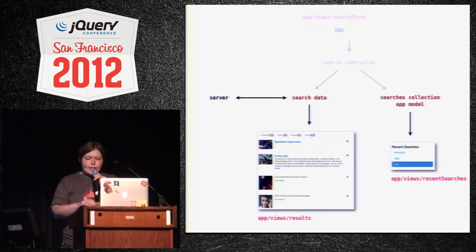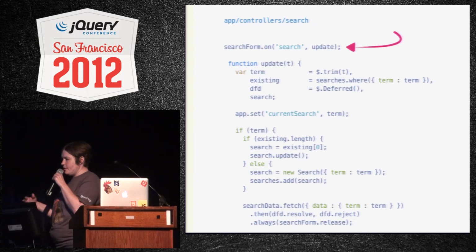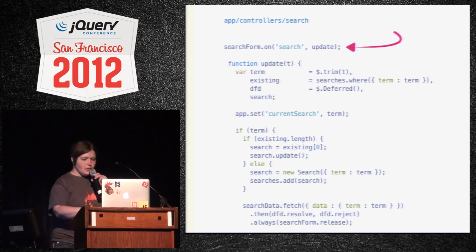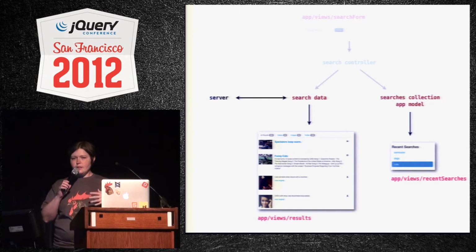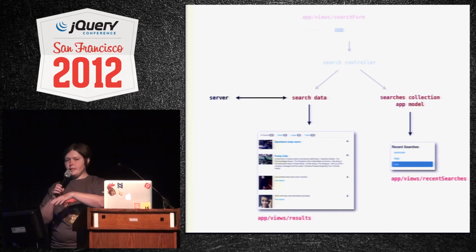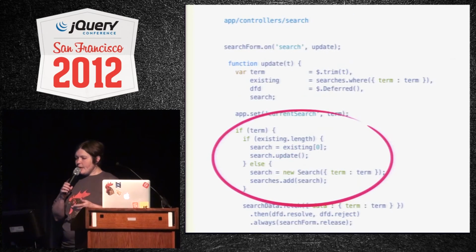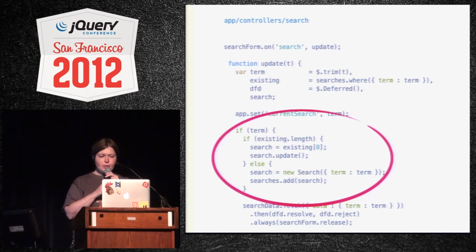So we get that message to the models, to the collections, the search results collection and the recent searches collection. And then when they announce that they have new data, the results area and the recent searches area are waiting for that new data to arrive. And so here, we add a new search term, for example.